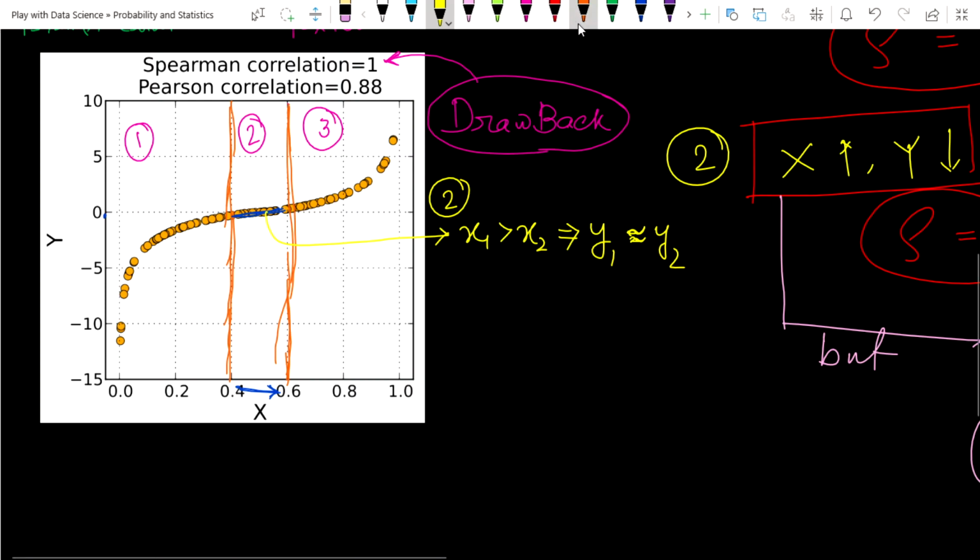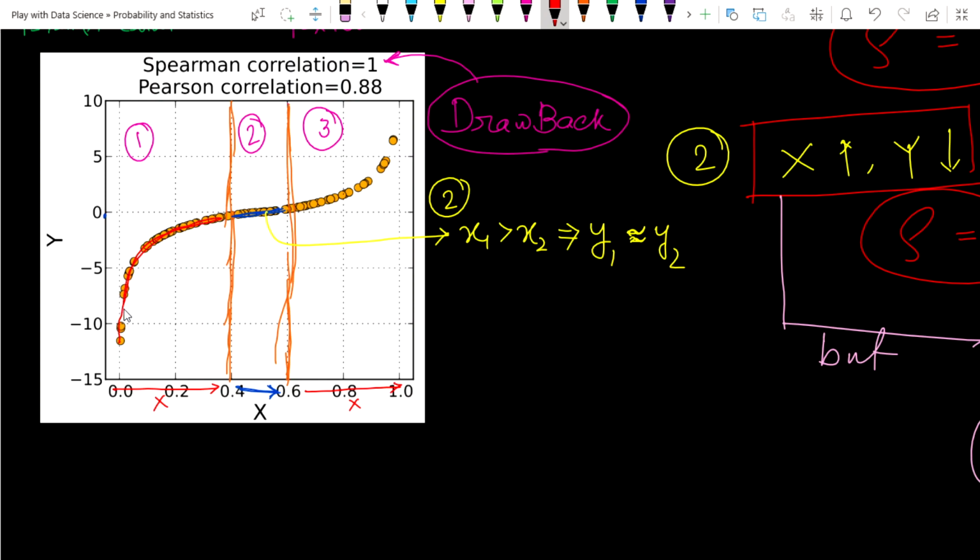Now come to the third and first regions. In the third region and the first region, x is increased, and the y range is also increased.